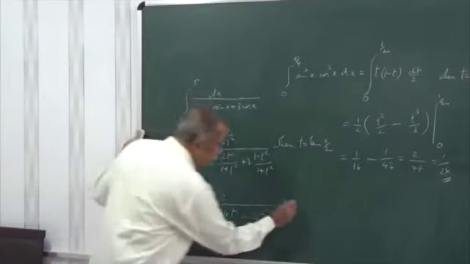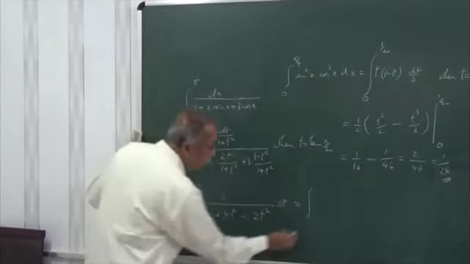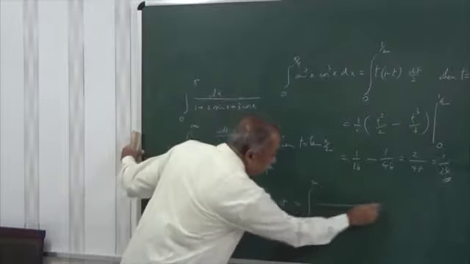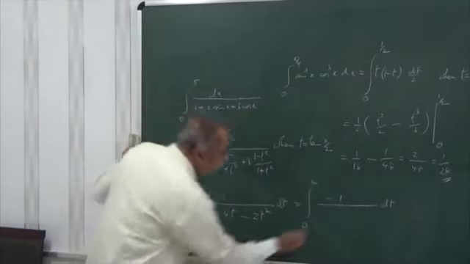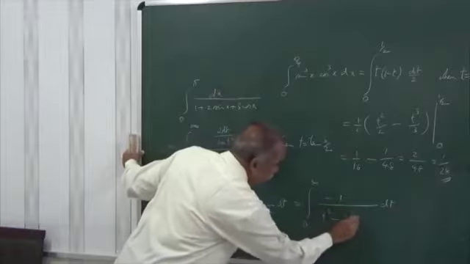Or my integrand is 1 by, or minus 1 by, t square minus 2t minus 2.